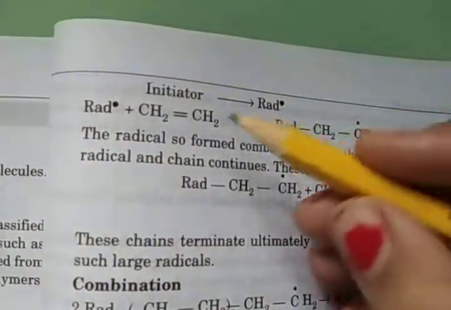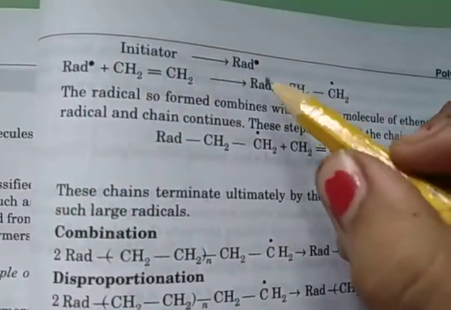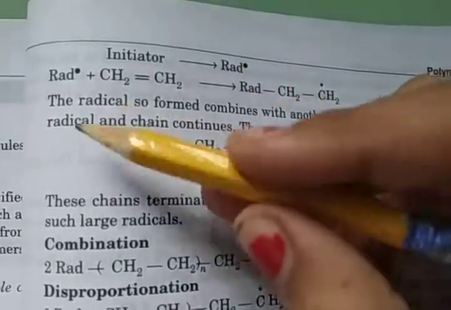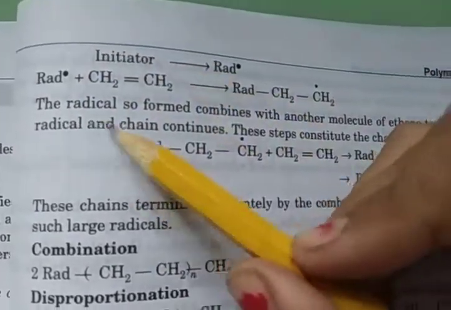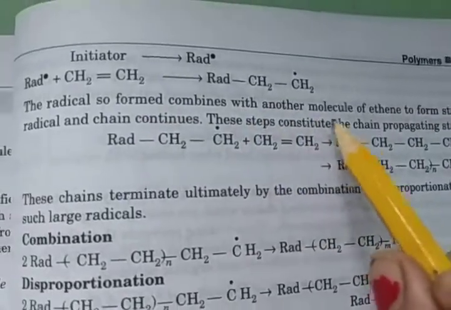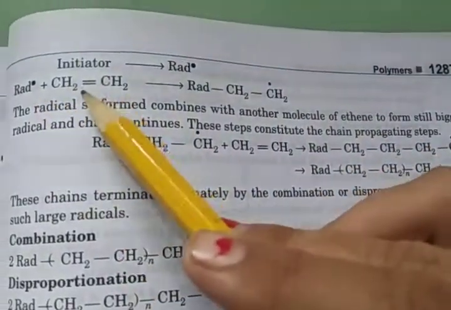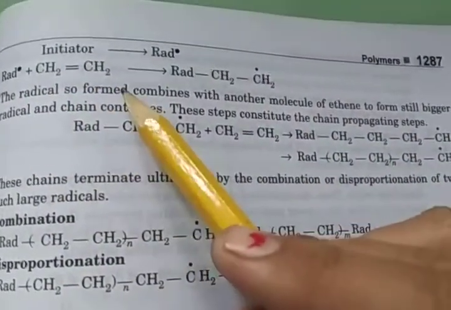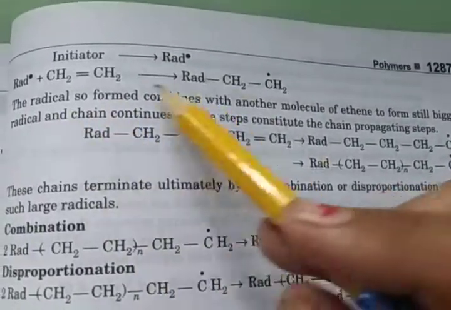So the initiator forms a radical, and the radical so formed combines with another molecule of ethene, CH2=CH2, to form a still bigger radical.